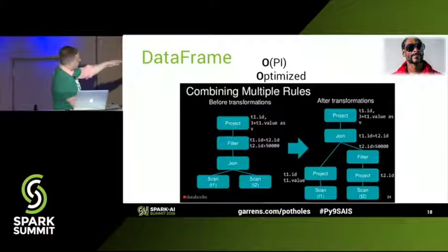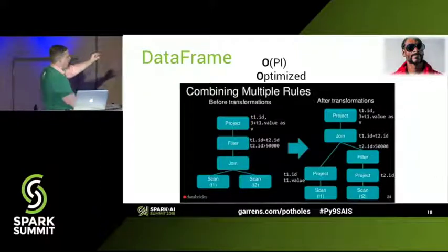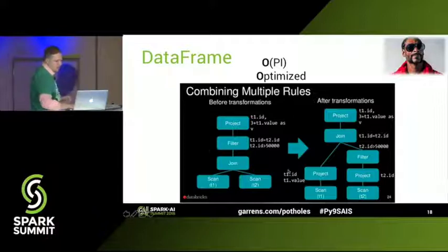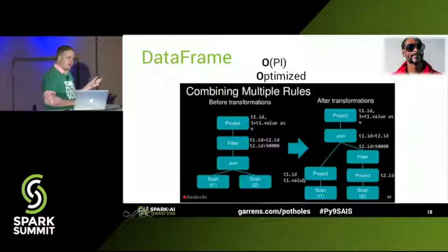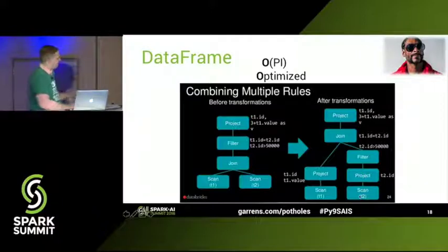So we're going to scan the table, but now you'll see that we only grab the T1 ID and value at this point, at the right here. So we're only going to grab the two values that we care about. So we're automatically going to save on some processing and all of our resources there. Then we're going to scan the second table, only grabbing the value that we use from that table as well for the join.